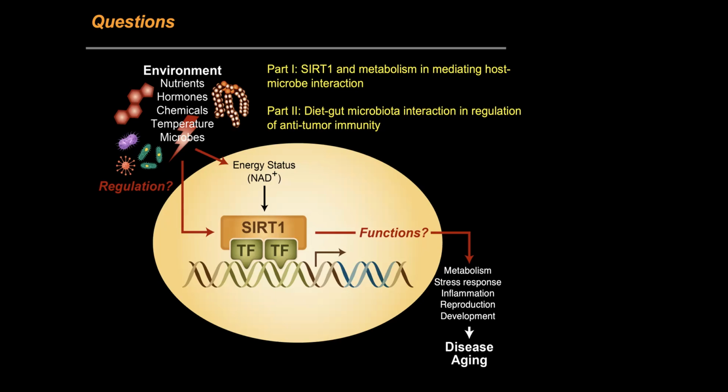In the first part, I will focus on SIRT1 and its related metabolism in mediating host-microbiome interaction. And in the second part, I plan to share with you an unpublished result on diet-gut microbiota interaction in regulation of anti-tumor immunity. This project started from SIRT1, but now has nothing to do with SIRT1.